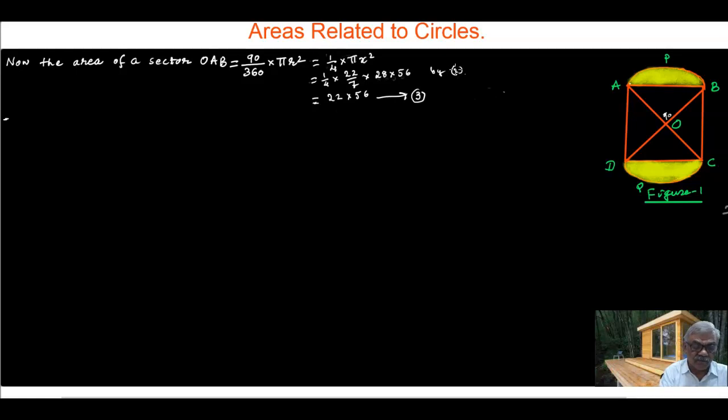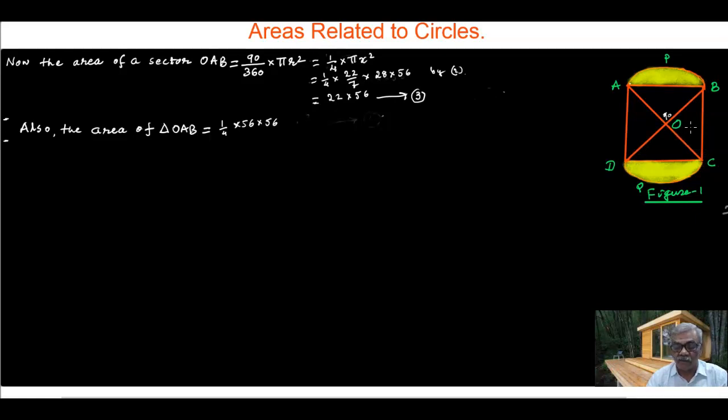And now also the area of the triangle OAB equals 1 by 4 into 56 into 56. Why is this so? Because, as you can observe, the area of the square is equal to the area of triangles OAB, OAD, ODC and OCB, four triangles.